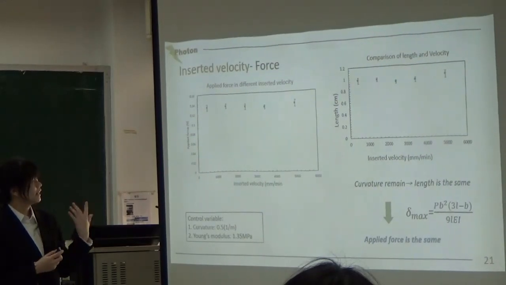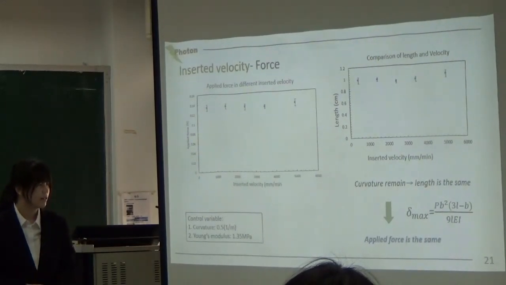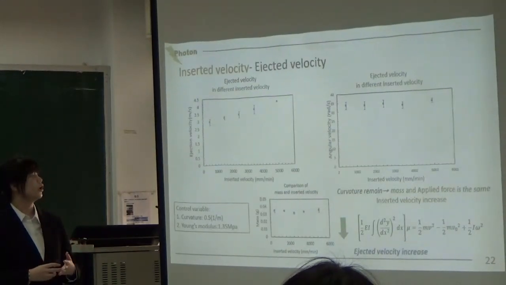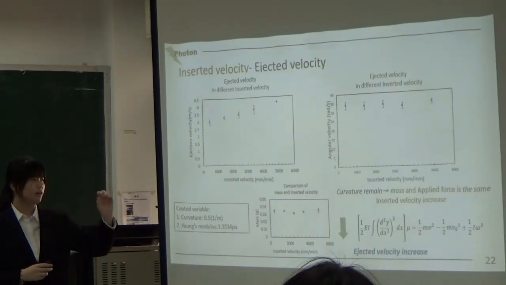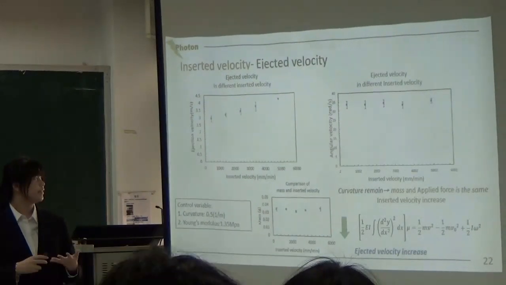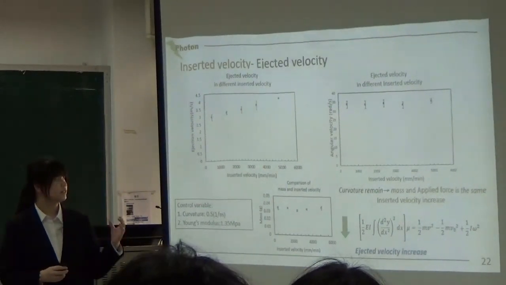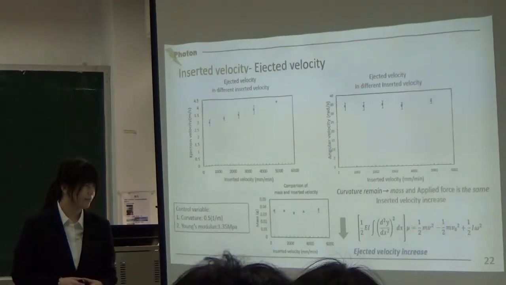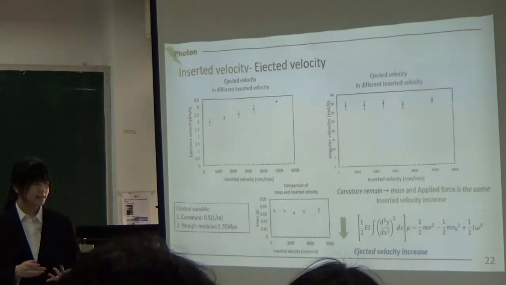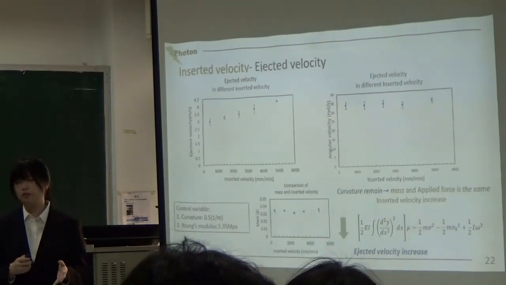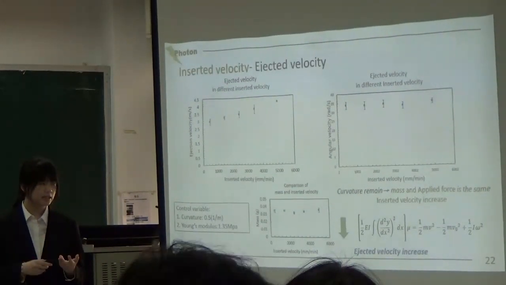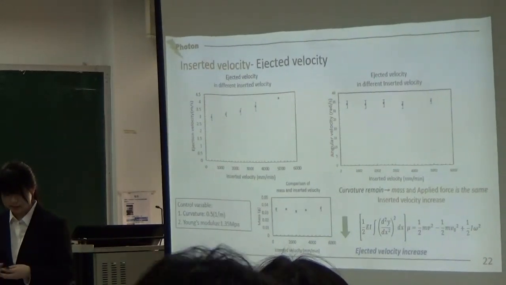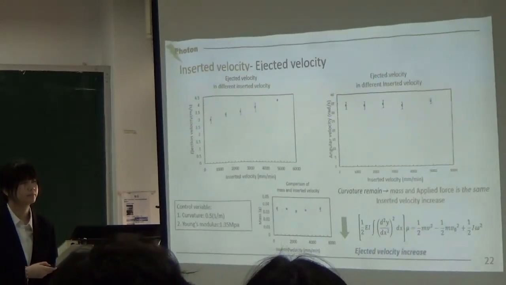So we can see the angular velocity is also the same, but the ejection velocity will increase. It's because when the insert velocity increases, the initial kinetic energy increases, so finally the kinetic energy will increase.